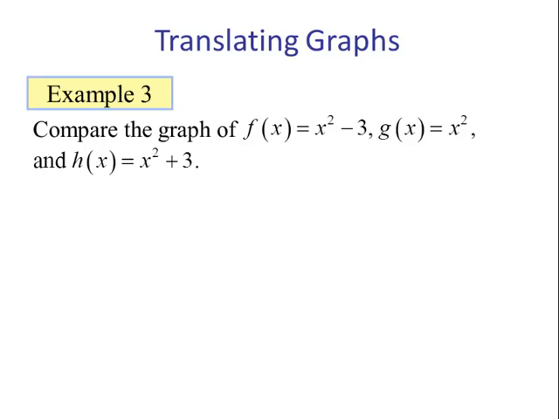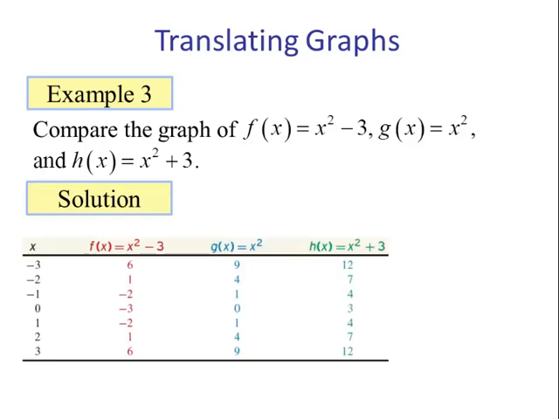Let's do another example. Example 3. Compare the graph of f of x equals x squared minus 3, g of x equals x squared, and h of x equals x squared plus 3. Solution: using our table of values, we have the outputs for f, g, and h.